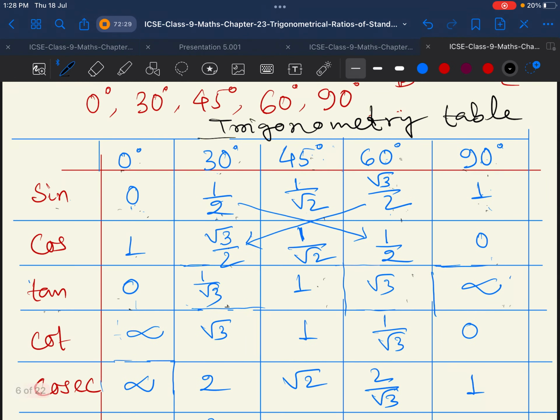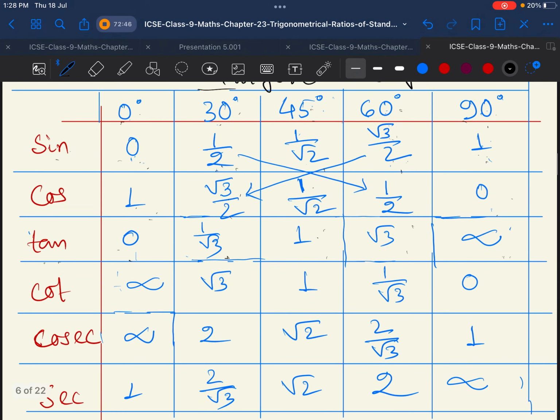Cos theta: when the angle increases from 0 to 90, then the cos value decreases: 1, root 3 by 2, 1 by root 2, 1 by 2 and 0, this is a decreasing value.